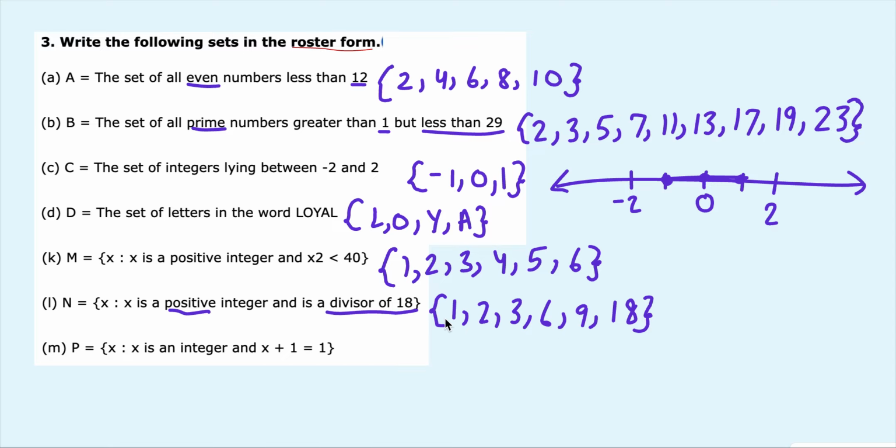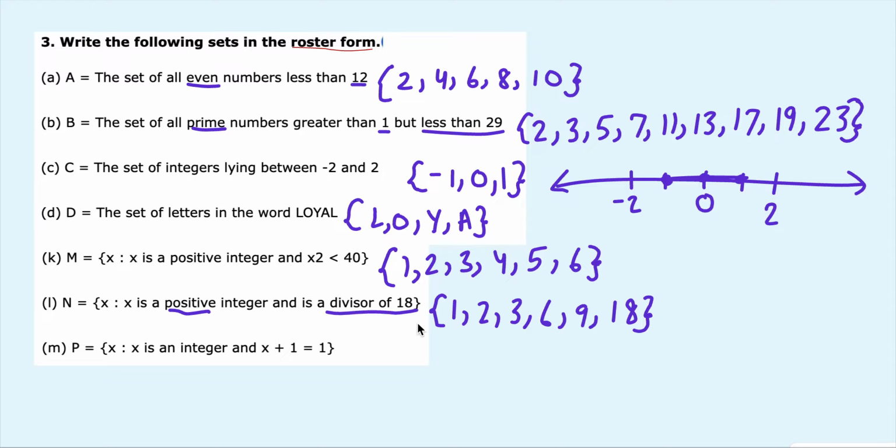Those are the divisors of 18. For example, 18 times 1 is 18, 9 times 2 is 18, 6 times 3 is 18, 3 times 6 is 18. So we have included all the numbers.